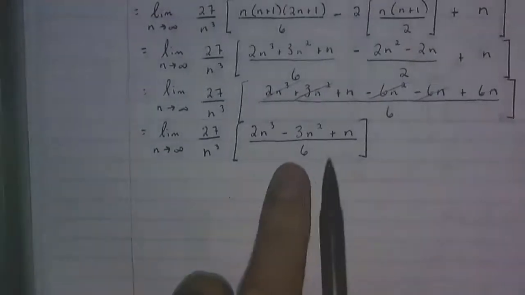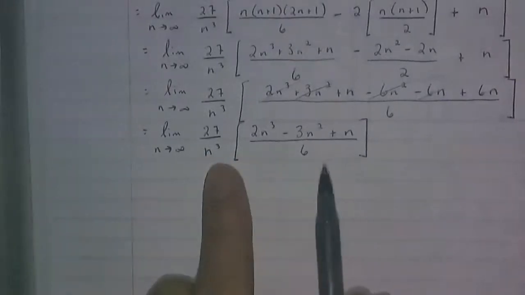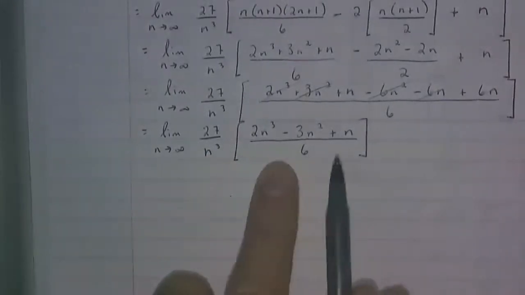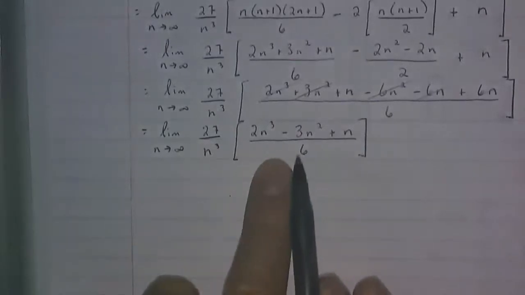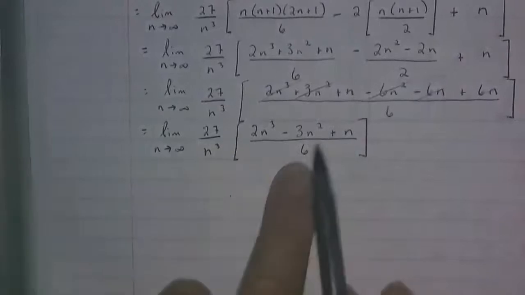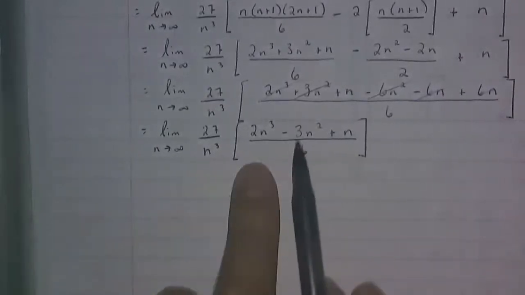So I'm going to do two things. That's really just one thing. I'm going to swap these. So I'm going to take this 1/6 out and simplify 27 over 6. And then I'm going to divide each of these parts of our numerator by n cubed. Or actually, let's just show that, because this is kind of the crucial step.